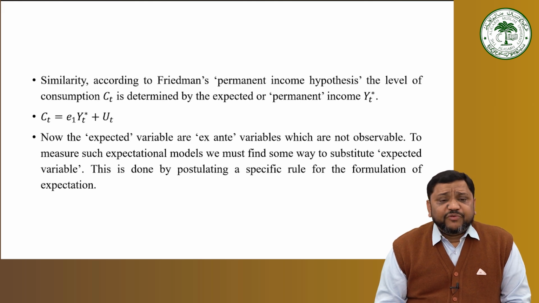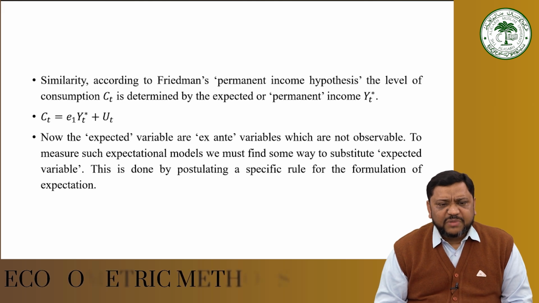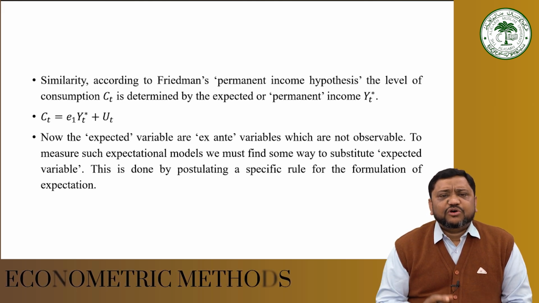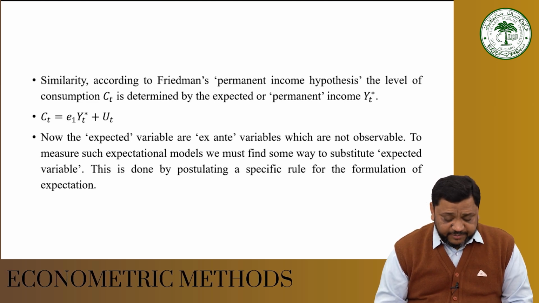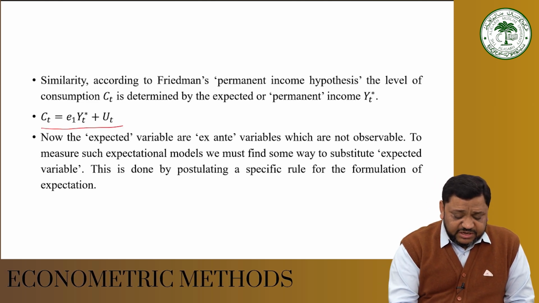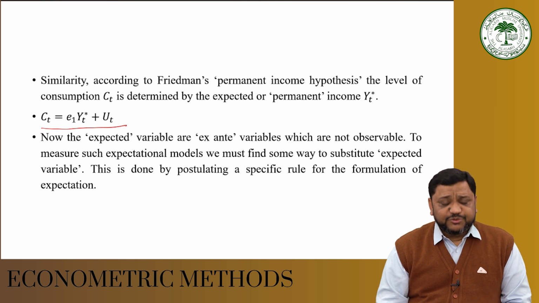Now see, we have Friedman's permanent income hypothesis, one of the basic hypotheses that is taught in macroeconomic classes. Therein the level of consumption is determined by the expected or permanent income yt asterisk. So we can say that Ct is equal to b1 yt asterisk plus u2.